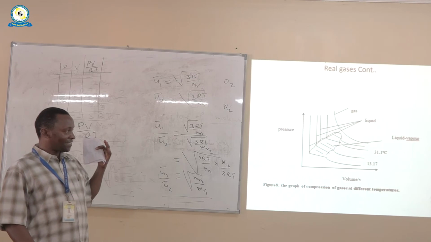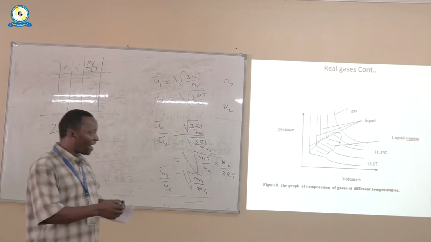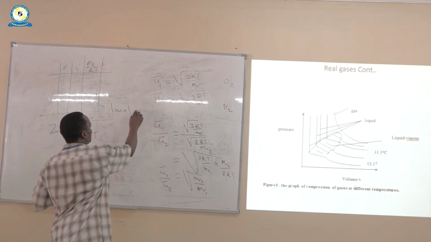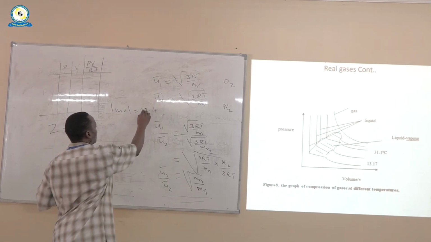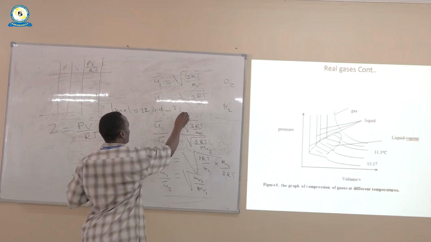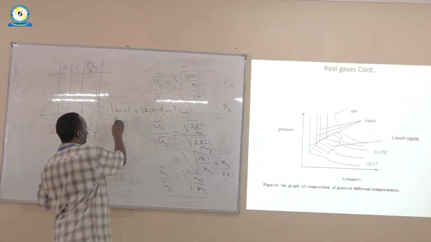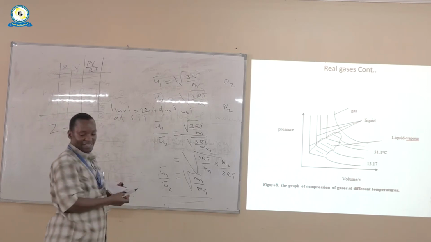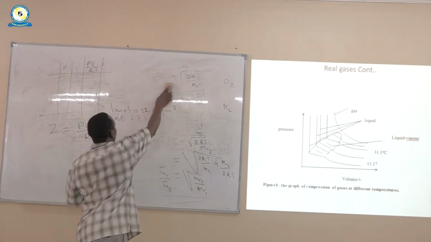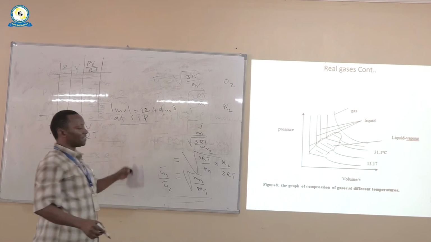At STP, for 1 mole of gas, it was found that all of them will have a volume equal to 22.4 decimeter cubed. 22.4 decimeter cubed at STP. Most of them will have that.